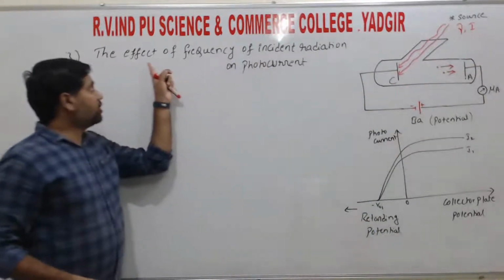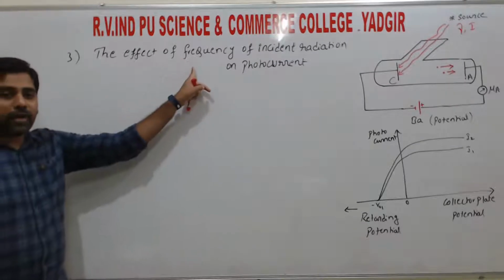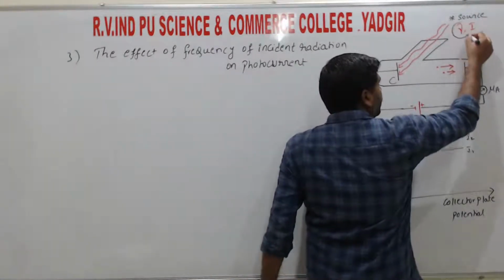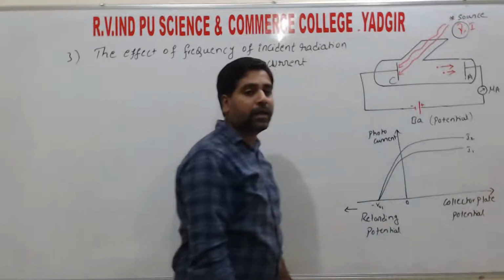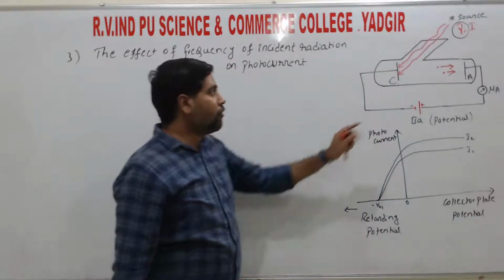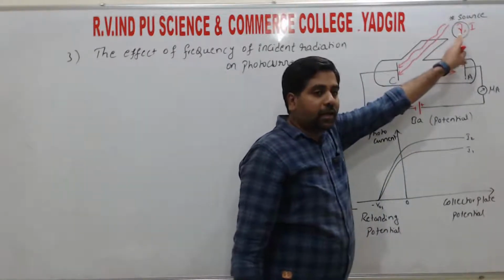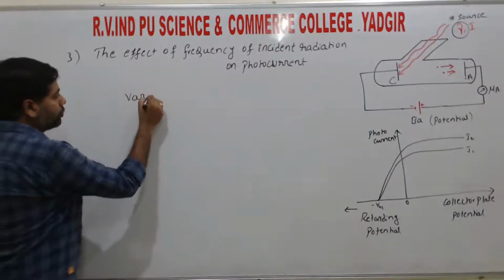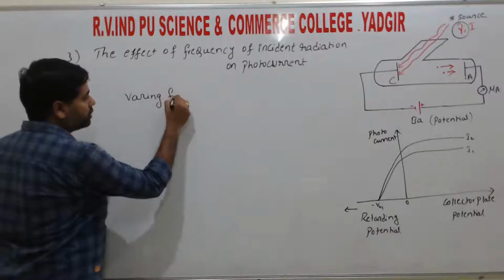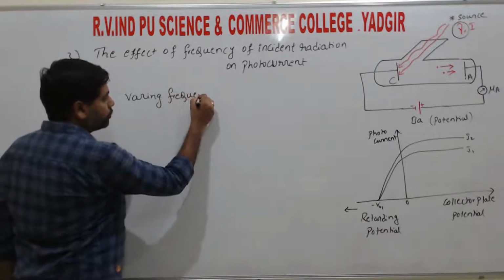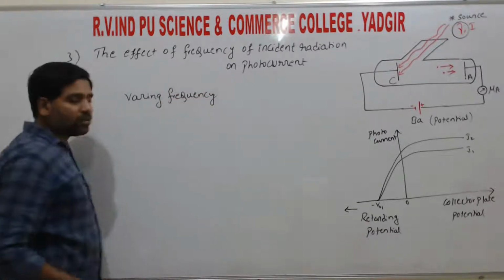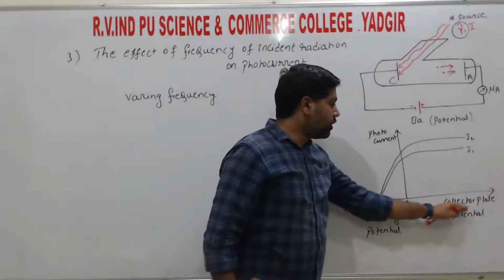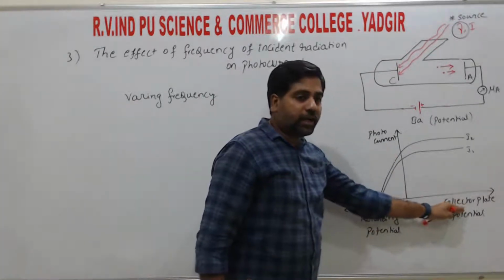In the third observation, the effect of frequency, what we are going to do is increase the frequency, keeping the intensity constant for all the incident radiation, right? So here, varying the frequency, we are going to study the photocurrent versus the potential difference.